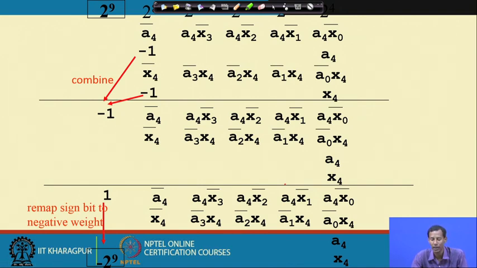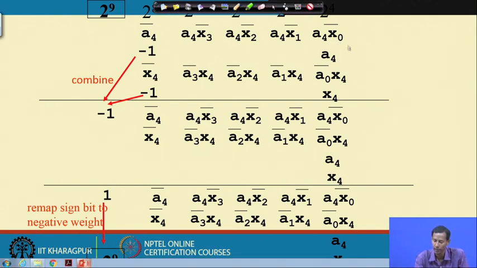Now you just combine all these equations. At this particular position, what will I get? A4 x0 bar and A0 bar x4. And then A4 and x4, A4 and x4. This position is A4 x1 bar, A1 bar x4, x4.